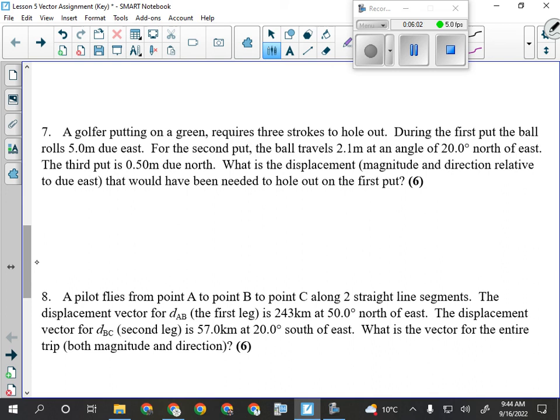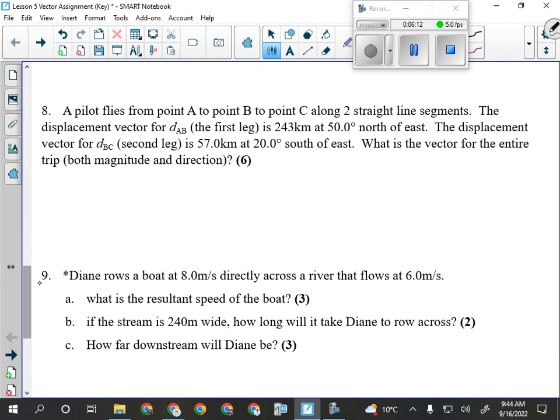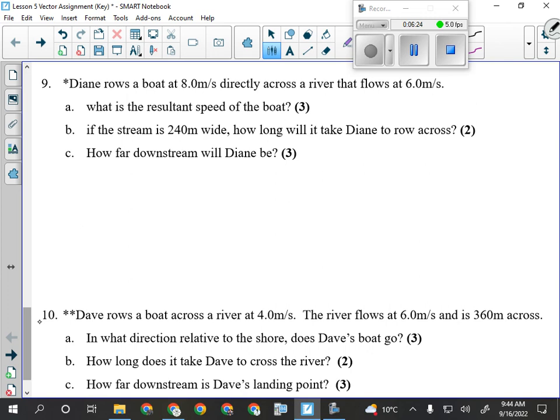It's actually a lot like the first one we ever did, with the person going from the tent to the lake. For number 8, this is 2 vectors that are angled, very much like the second one on the quiz yesterday. Tail to head, find your x's and y's, find your resultants. 9 and 10 are boat questions.